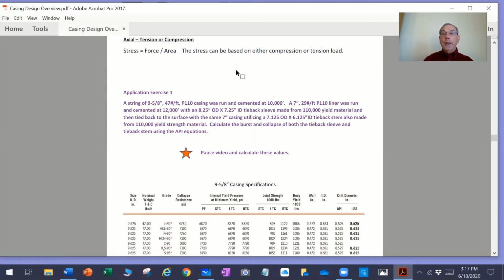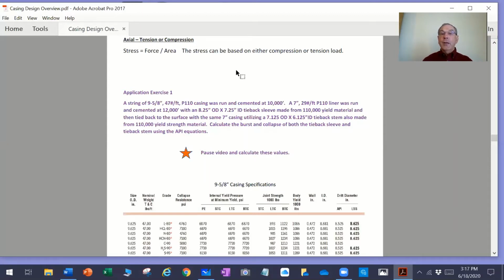A 7-inch, 29-pound per foot P110 liner was run and cemented at 12,000 feet with an 8 1/4 OD by 7 1/4 inch ID tieback sleeve made from 110 yield material. And then this liner was tied back to the surface with the same 7-inch casing, requiring a 7 1/8 inch OD by a 6 1/8 inch ID tieback stem, also made from 110 yield strength material.